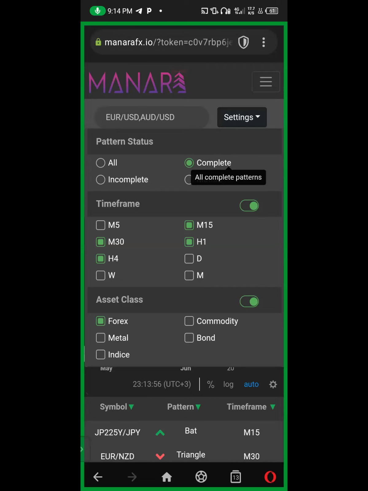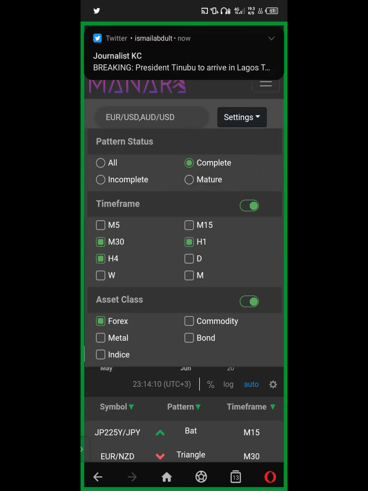So what do you mean by short or long? We have the 5 minutes type of trade, we have the 15 minutes, the 30 minutes, the 1 hour, and the rest of that. So the one I recommend you choose here is the 15 minutes. Tick off the 30 minutes. You don't need that.